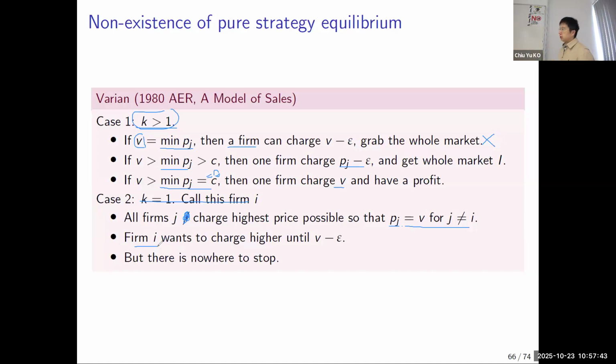So unless you allow the price to be discrete, there will be nowhere to stop. Okay, there's always a deviation over there, right? So there's no possible combination of prices such that no one is going to deviate from it. There's always one more deviation. Is that okay?